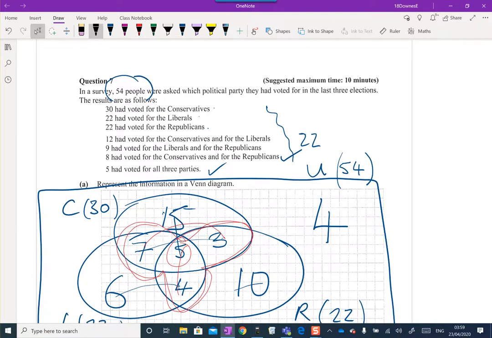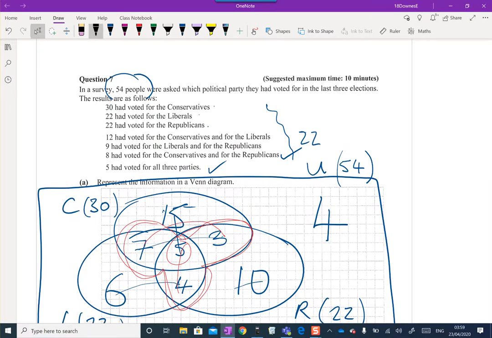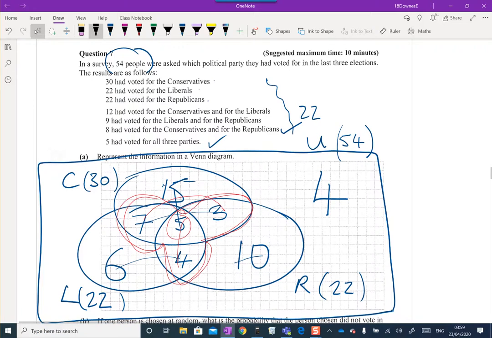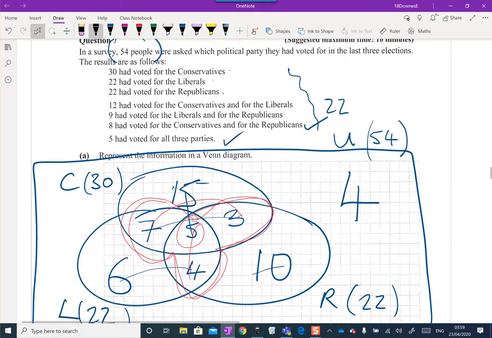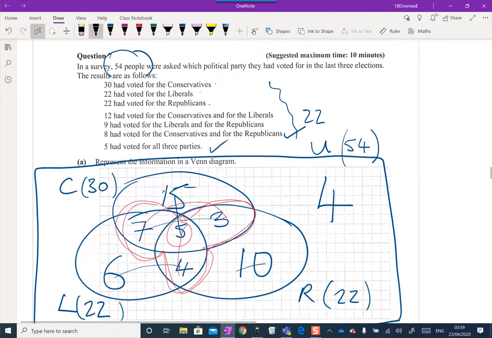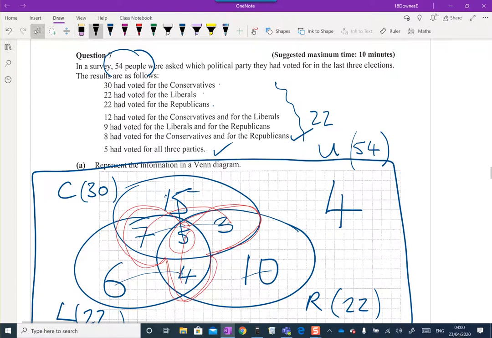Which political party they had voted for in the last 3 elections. So every 54 of those people gave 3 answers. He said, oh, they only voted for 1 party each time. Yeah, but that still should be 150 plus 12, 162.